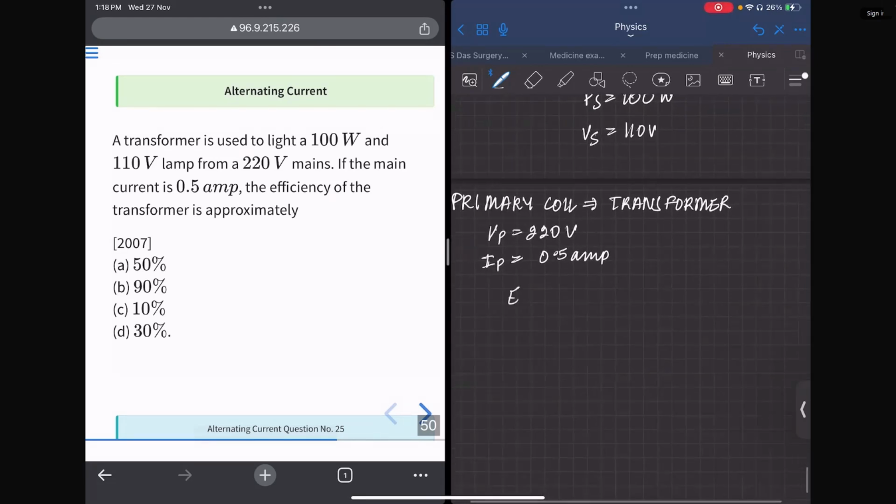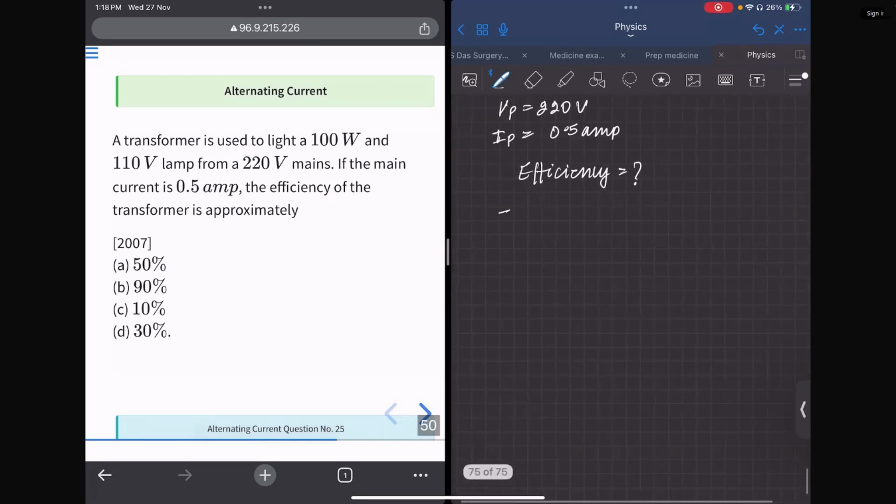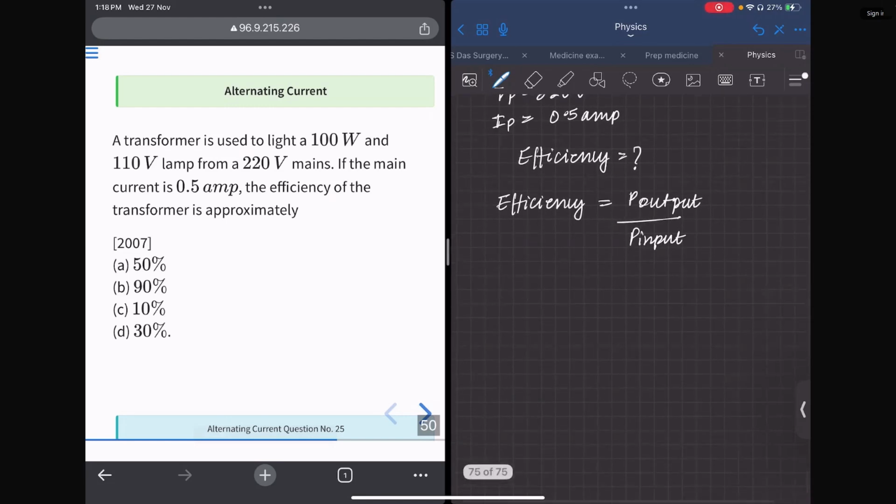We have to calculate the efficiency. So, do we know the formula for efficiency? Efficiency is P output over P input. It is the ratio of the power which we have derived to the power that we have given to the system. Okay, so P output is our secondary coil and input is our primary coil. So efficiency is the ratio of power between the primary coil and that of a secondary coil.